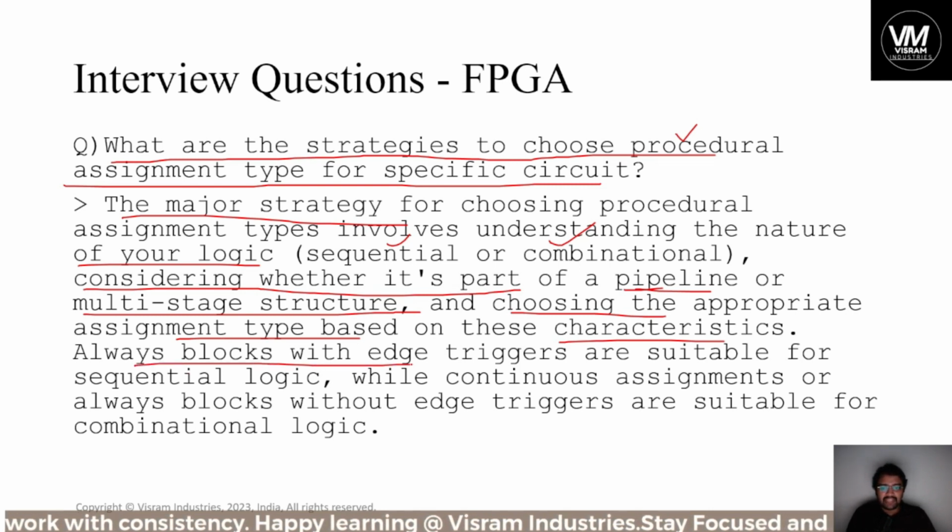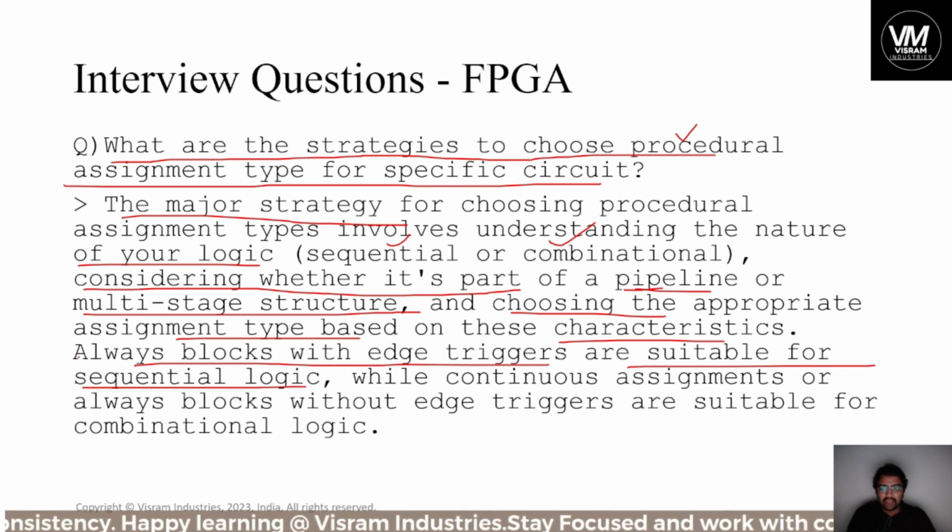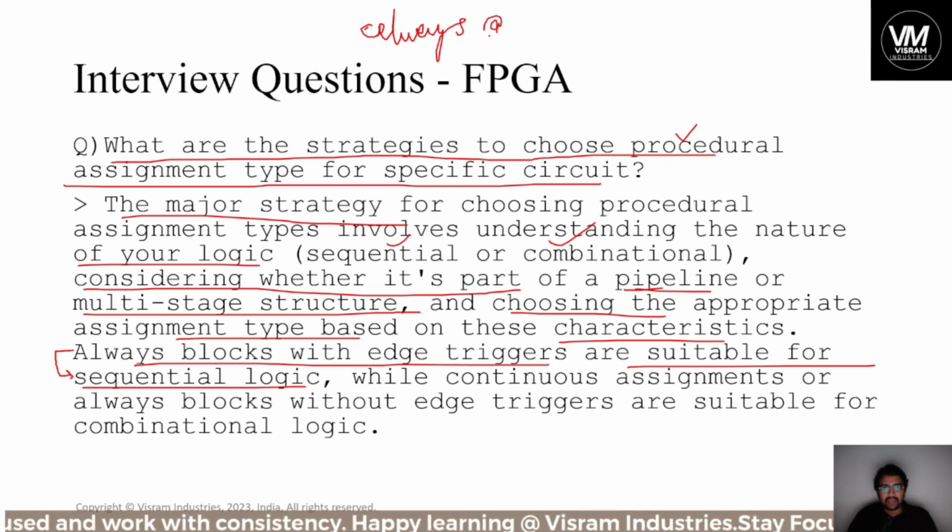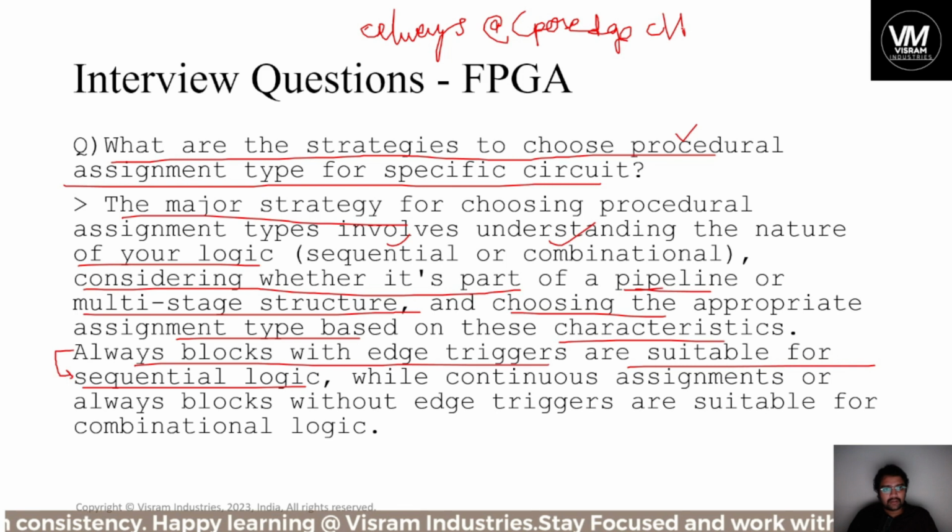Whether it is blocking assignment or non-blocking assignment. Always blocks with edge triggers are suitable for sequential logic. For example, you have a memory design and you initialize the procedural block with always at the rate of the positive edge of the clock.